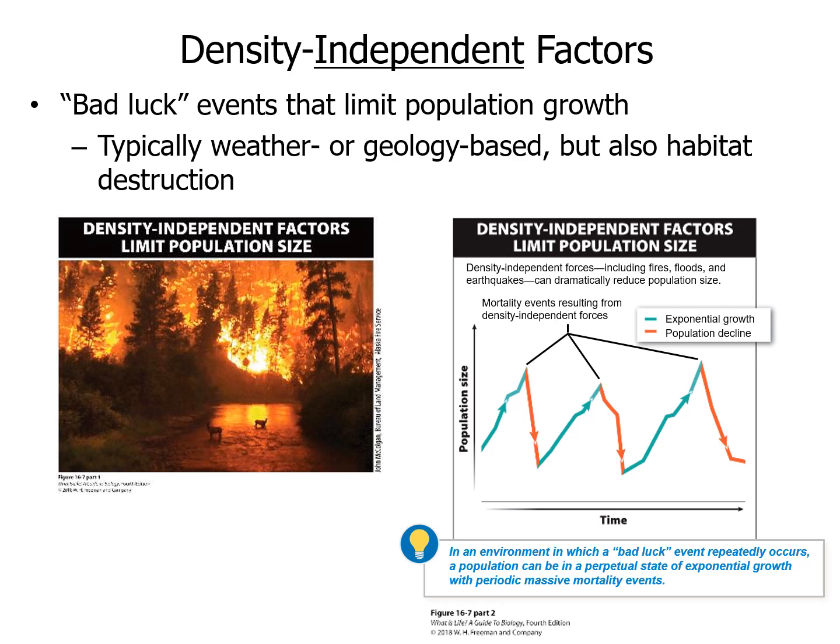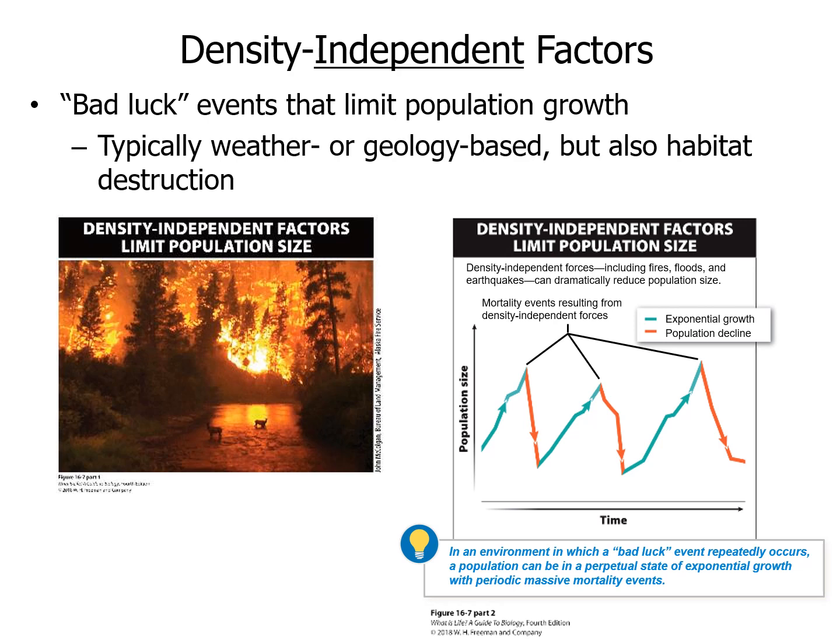Density independent factors, however, are going to be completely independent of the density. So they have nothing to do with the population size and everything to do with essentially bad luck events. These are usually weather-based or geology-based events. They're kind of by chance.